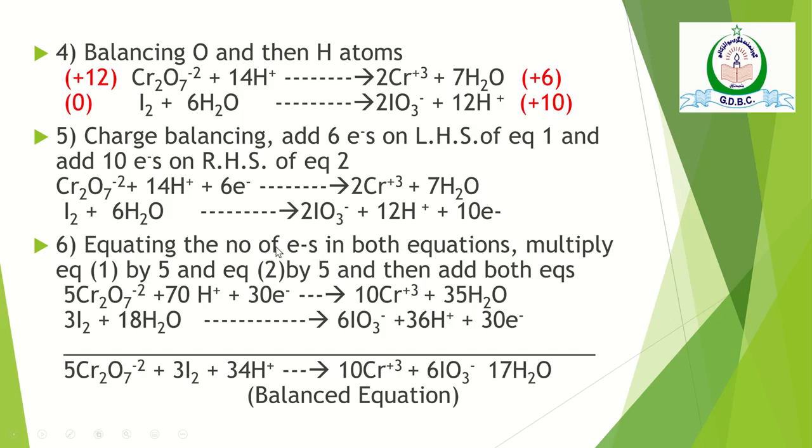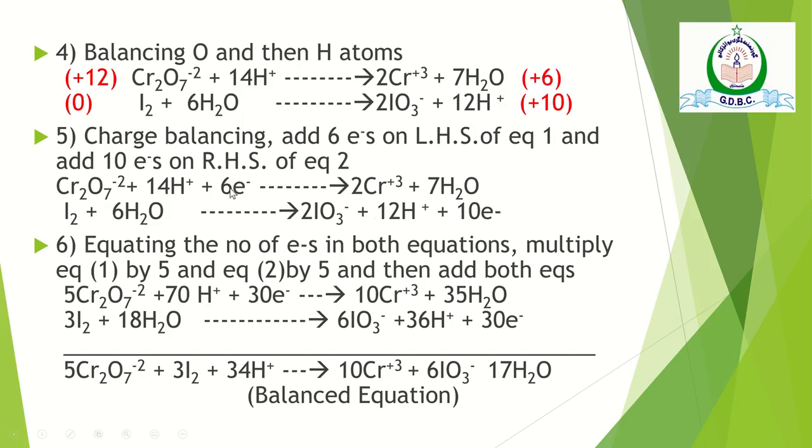The last step is equating the number of electrons in both equations so that we can add the two equations in order to get the net or resultant equation. For that purpose, our number of electrons must be balanced.